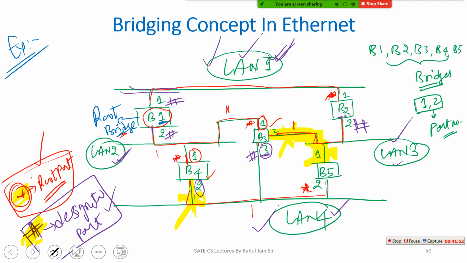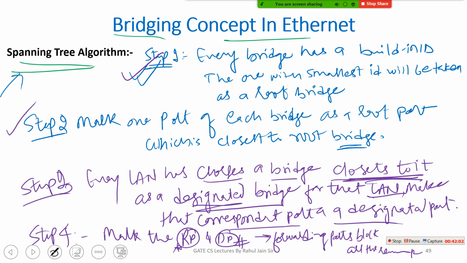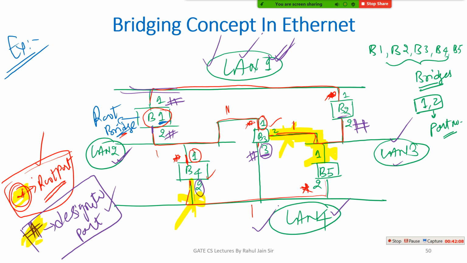So guys, whoever is asking for step 3, just focus here. I am explaining step 3 once again quickly because Shivang has asked for it. So Shivang, focus here. Step 3 is that every lane chooses the bridge closest to it. Lane 1, which bridge is closest?